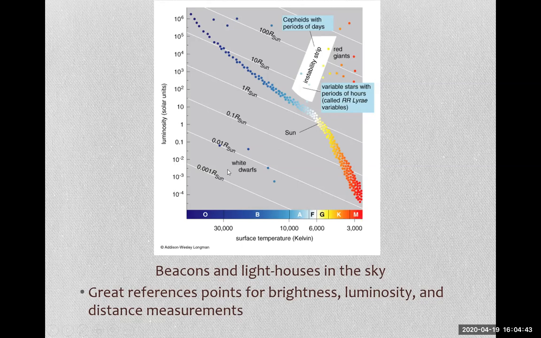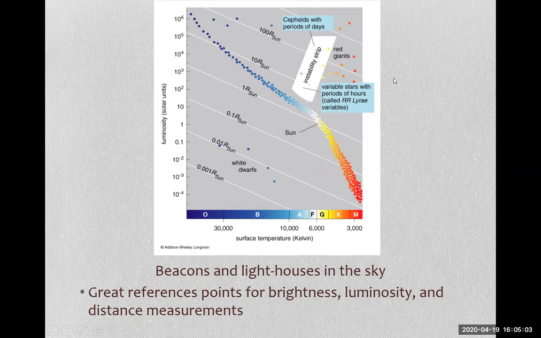It's not main sequence, it's not a white dwarf, it's not a supergiant, it's not a giant. It's moving in between the different branches of the HR diagram. The Cepheid variables tend to be on the higher side of the HR diagram. The RR Lyrae stars tend to be much, much lower towards the bottom of the HR diagram.